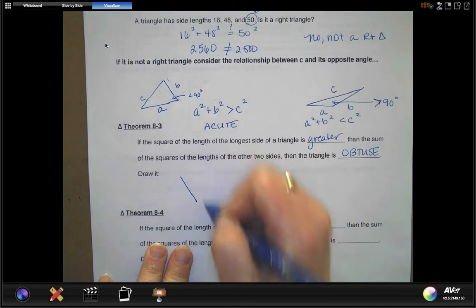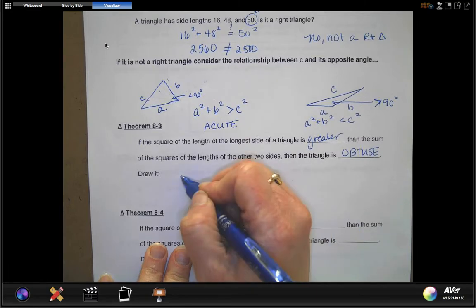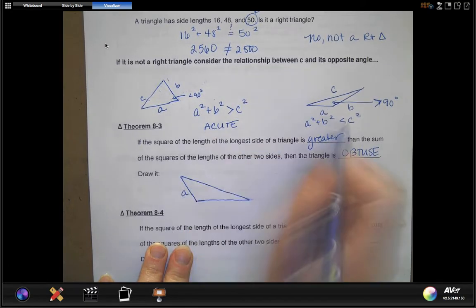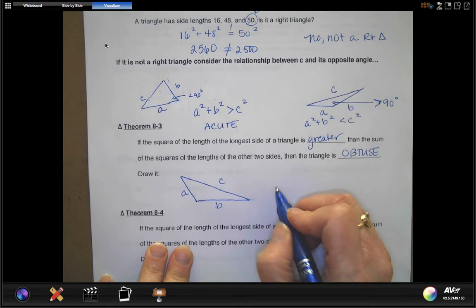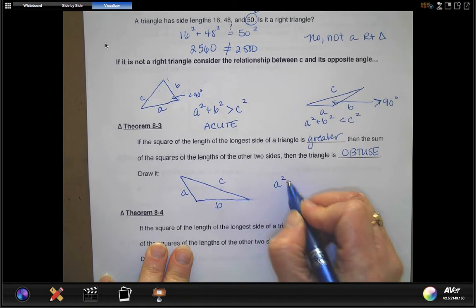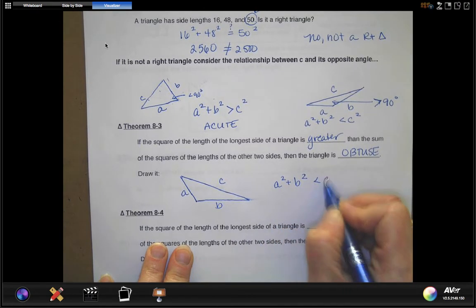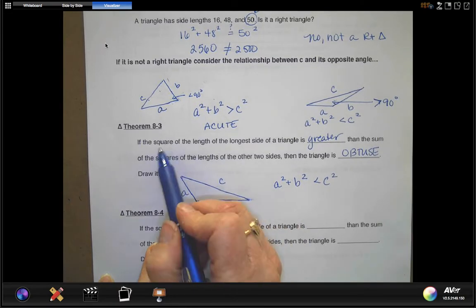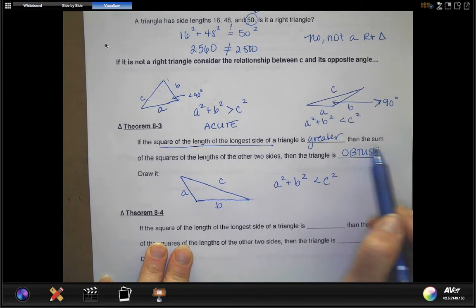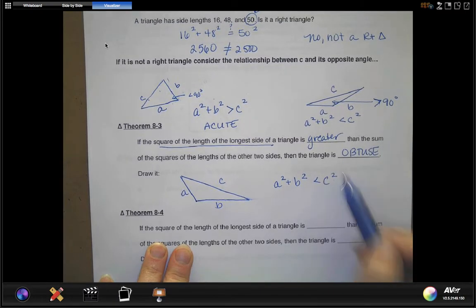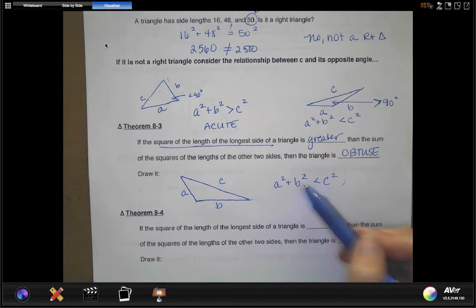So I've got A, B, C. I mean, what I wrote up there is still right, so whatever. A squared plus B squared, C squared, less than. Okay. Again, if the square of the length of the longest side is greater, so this is greater than the other two sides squared when they're added up, then the triangle is obtuse.